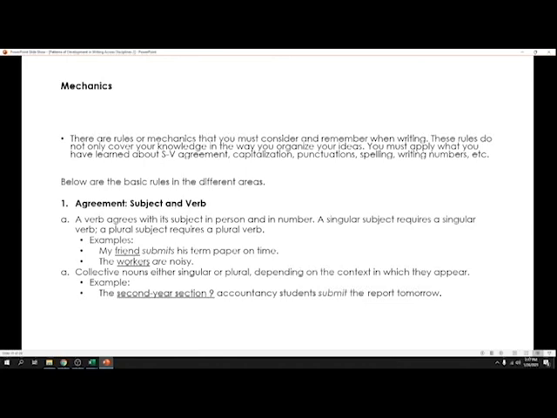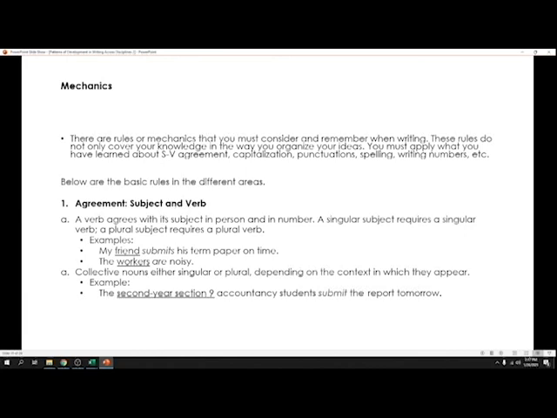So, first is the subject-verb agreement. A verb agrees with its subject in person and in number. A singular subject requires a singular verb. And a plural subject requires a plural verb. So, you need to identify kung singular ba ang subject mo at singular ba ang verb mo.